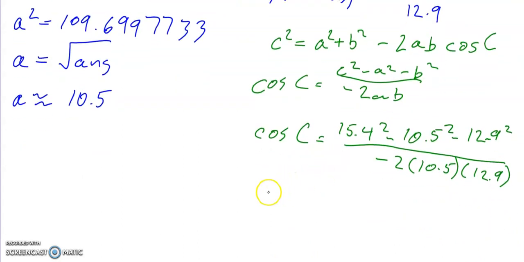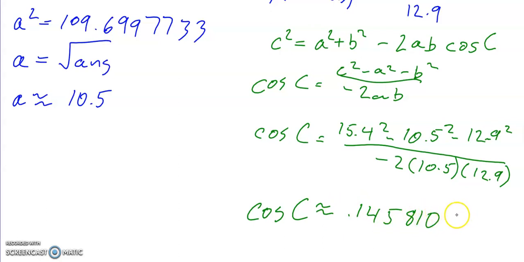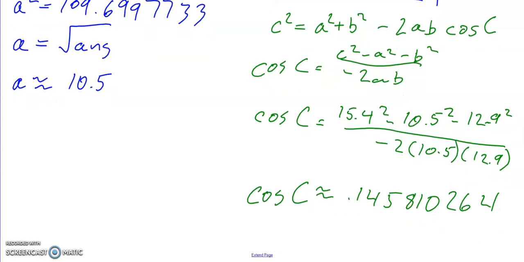I'm going to put all of that into my calculator, and that tells me the cosine of C is about 0.145812621. It's less than 1, so that makes me happy. It lets me know it exists.